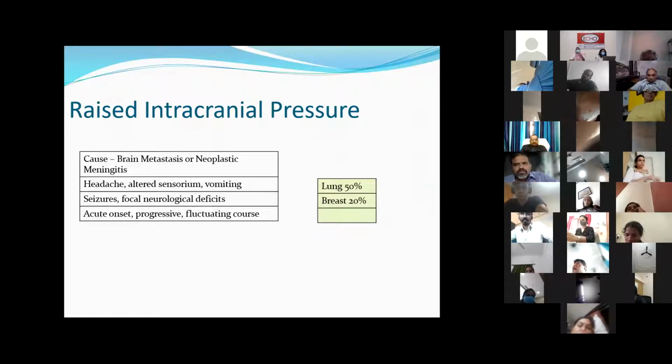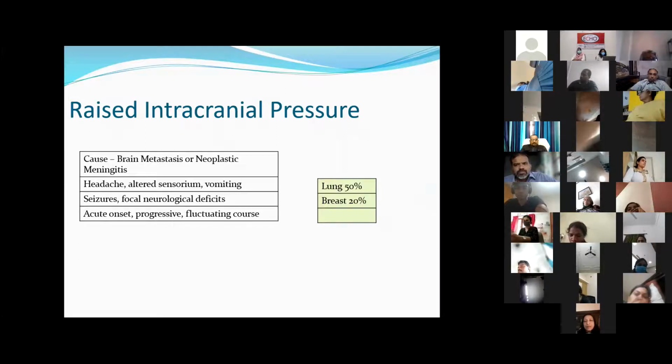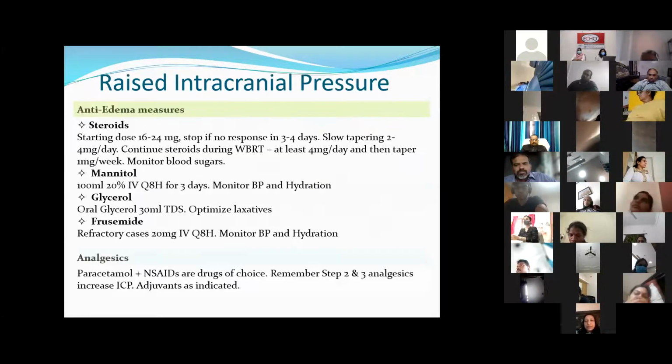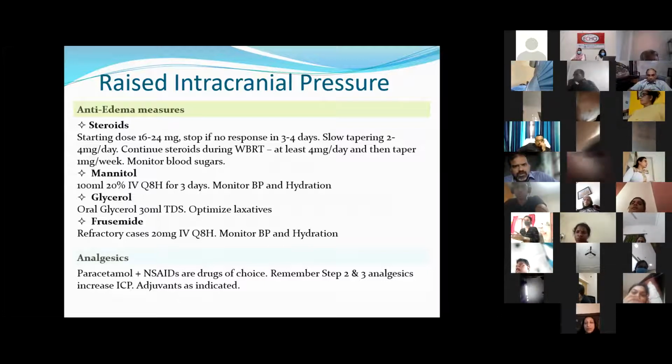If you talk about cancers, lung cancer has a 50% incidence of metastasizing to the brain, and 20% with breast cancer will have these features. So you start with anti-edema measures. I'm not going again into the caregiver counseling part and how you should talk to the caregiver. Directly coming to the medical management part, you always start with steroid.